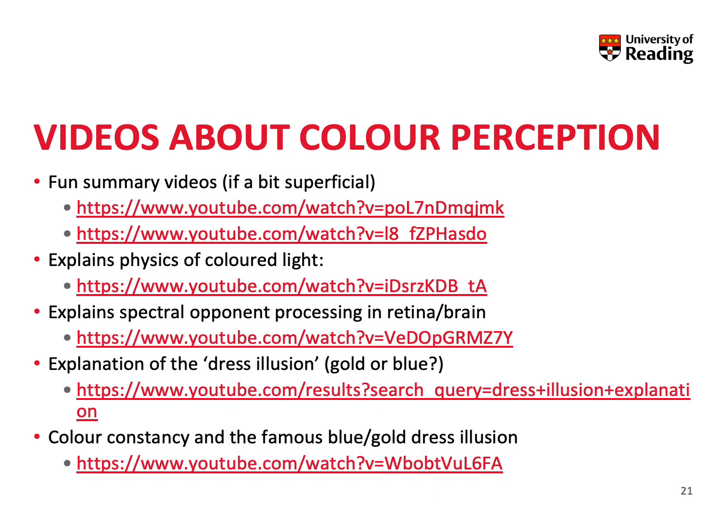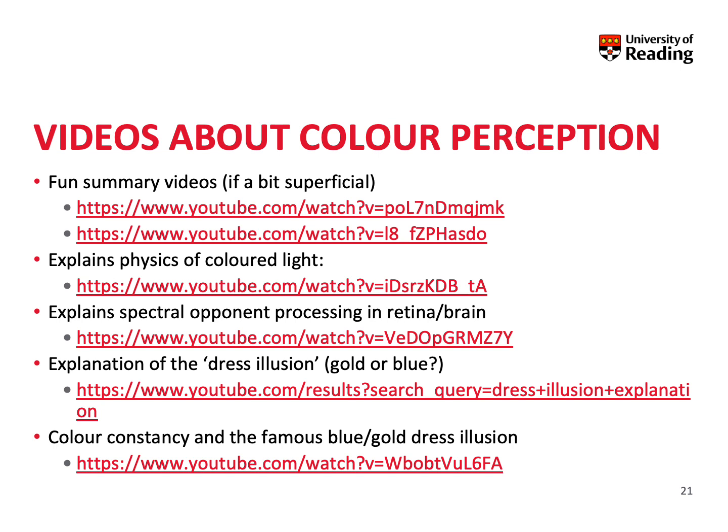Now on this slide, because I've finished talking about colour perception, I'm going to move on to the other topics in the lecture. I'm just giving you a list of other sources of information about colour perception. Of course you should use the textbook, but I think with vision it really lends itself to videos, because often having things being animated and lots of different diagrams can really help understand things about visual perception.